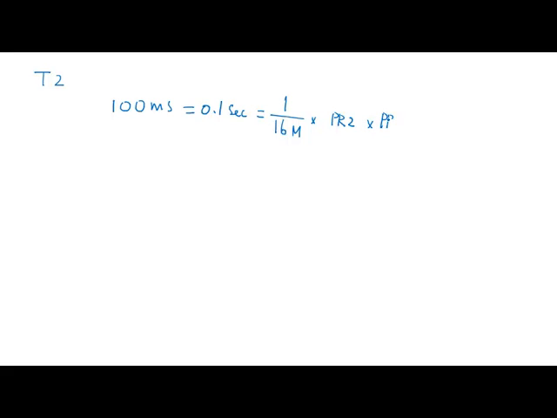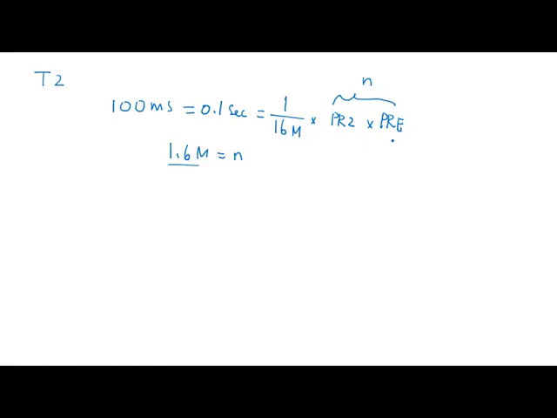Times my prescaler. Okay? If I call this n, and you multiply these two sides, essentially I'm going to get 1.6 million equals n, which obviously is greater than 65535, which is the largest value that a 16-bit register is going to hold.